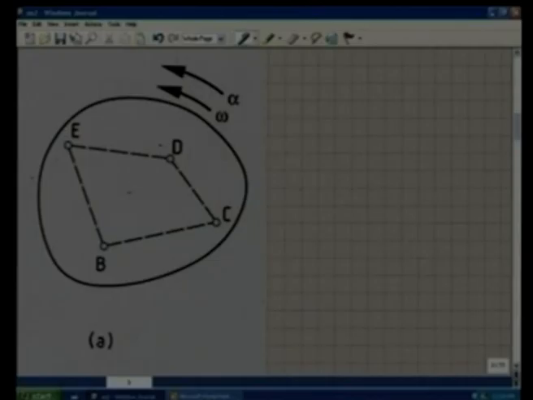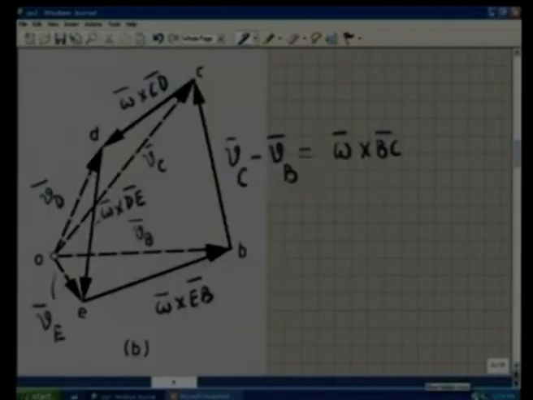In the configuration diagram, we had a quadrilateral BC, CD, DE, EB. We go back to the velocity diagram, we again have bc, de, and let us see the ratio of the sides of these two quadrilaterals in the velocity diagram. Small bc is omega cross capital BC, small cd is omega cross capital CD, small de is omega cross capital DE, and eb is omega cross capital EB.